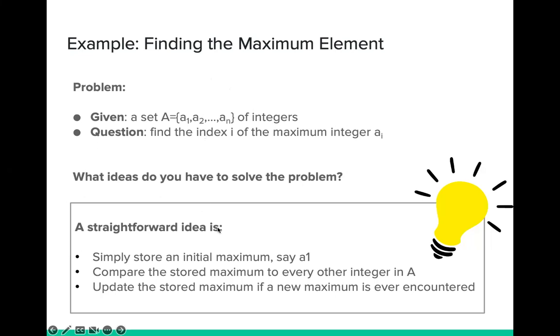We will update the stored maximum if a new maximum is ever encountered. For example, if A sub 2 is greater than A sub 1, then the new maximum will be A sub 2, and A sub 2 will be compared to the next set of elements until we reach A sub n.